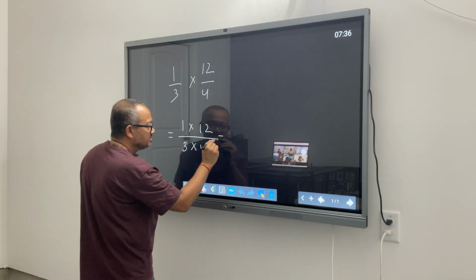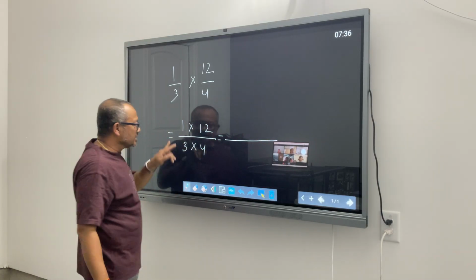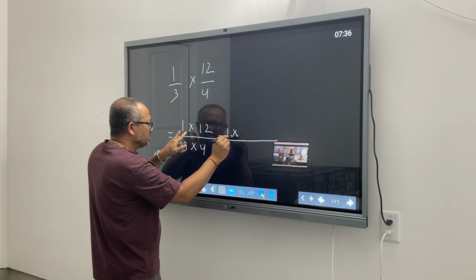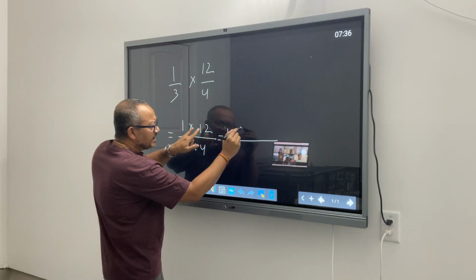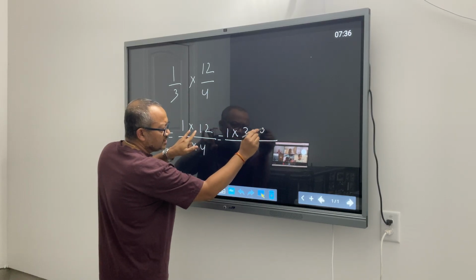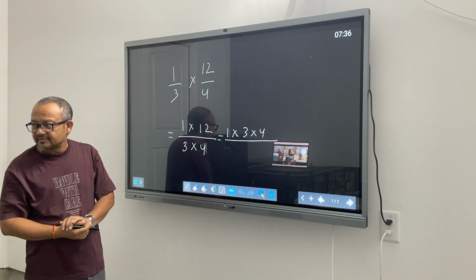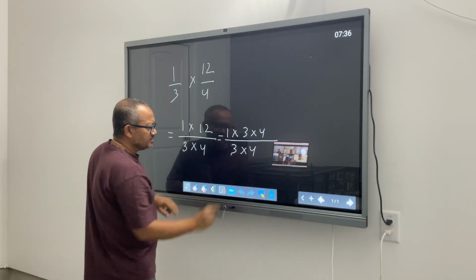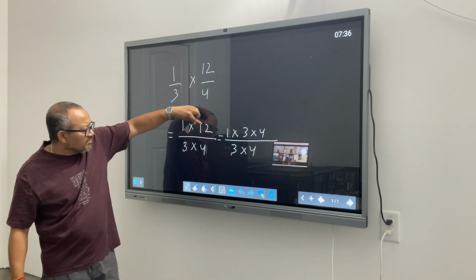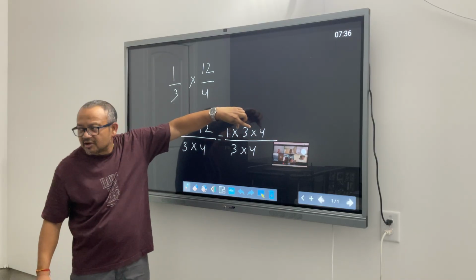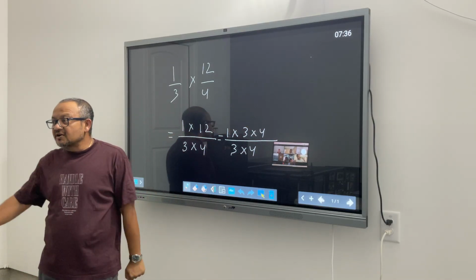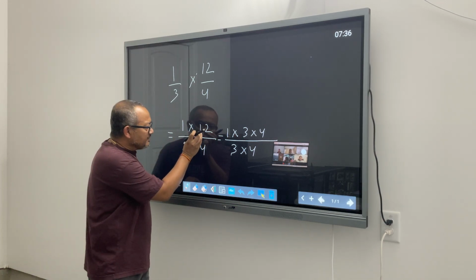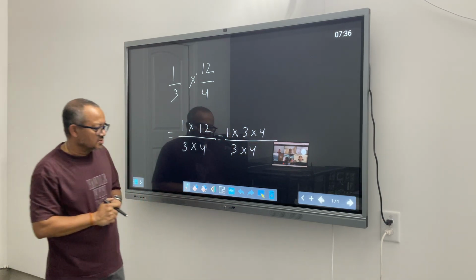Now I am trying to start the game. 1 is a very small number, I am not touching it. 12 I can write as 3 into 4, isn't it? 3 is here and 4 is here. I found a big number and split it into two small numbers, which is called factorizing a number. I have written this as a multiplication of two numbers.